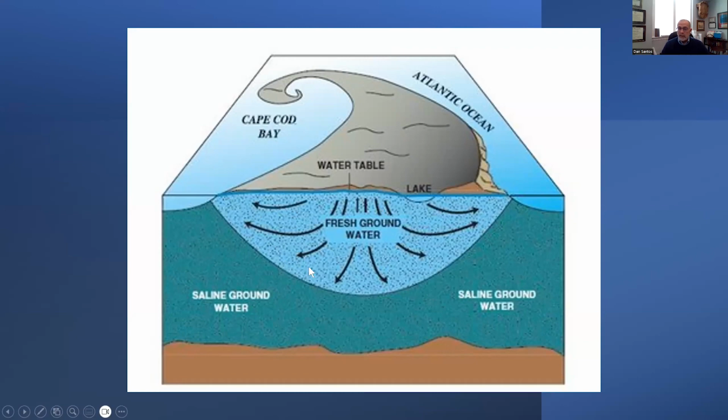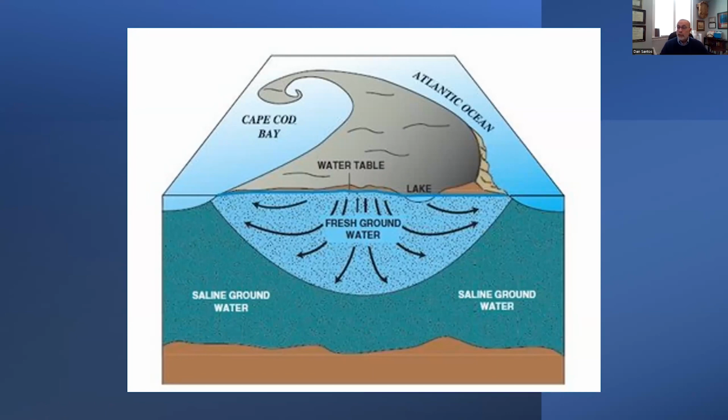This is all sand and gravel down to bedrock. And our aquifer varies, but it's about 200 feet thick between the top of the land surface and the bedrock below. So we have 200 feet of sand and gravel that holds clean, fresh groundwater.